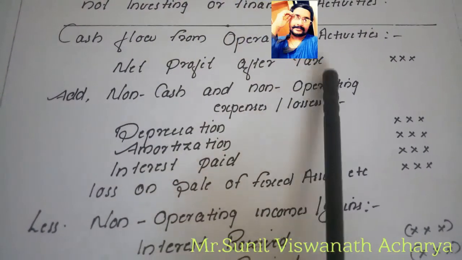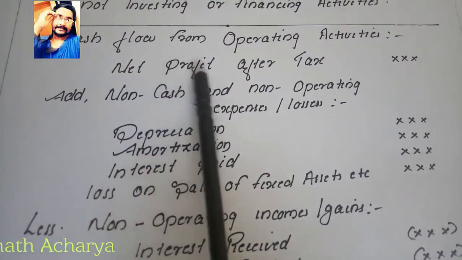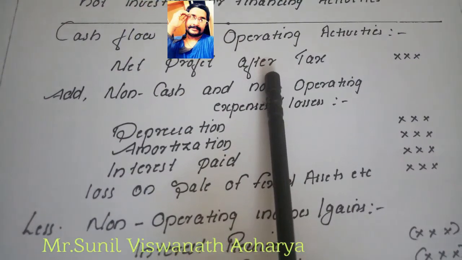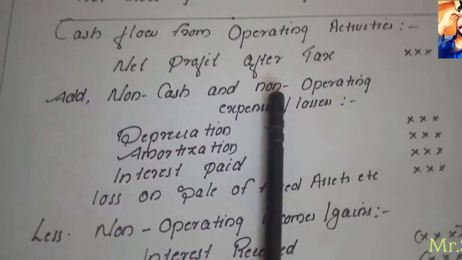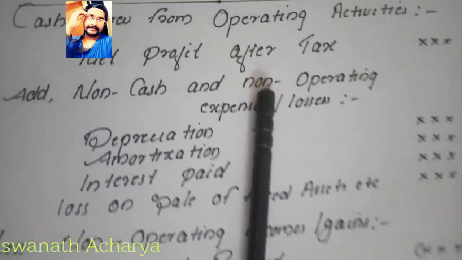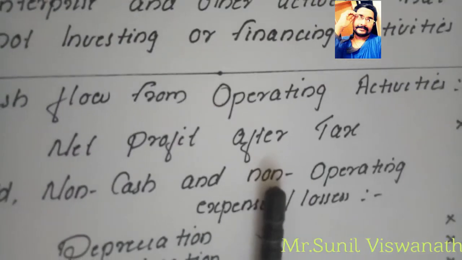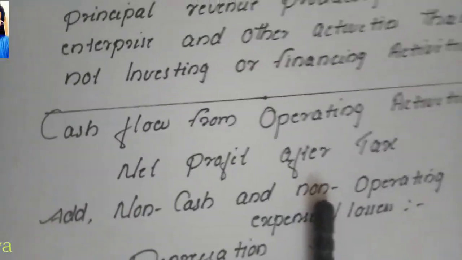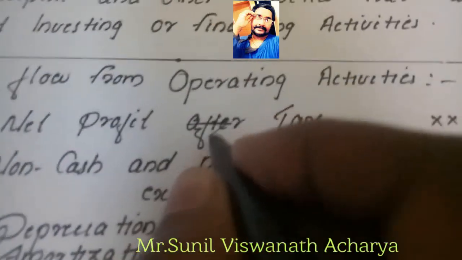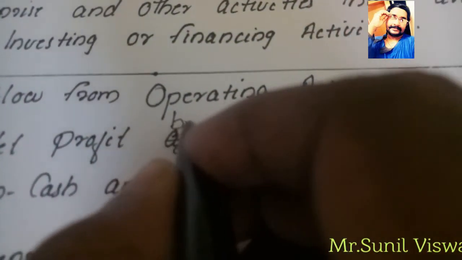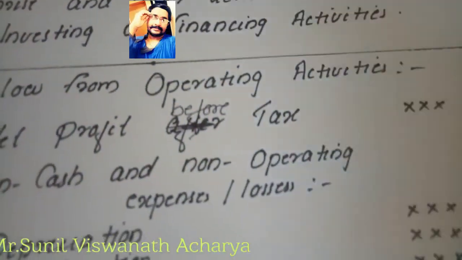When following the indirect method, for cash flow from operating activities, we will start with the net profit before tax, not after tax, net profit before tax. So from the question we have to calculate net profit before tax. So we will always start with net profit before tax.